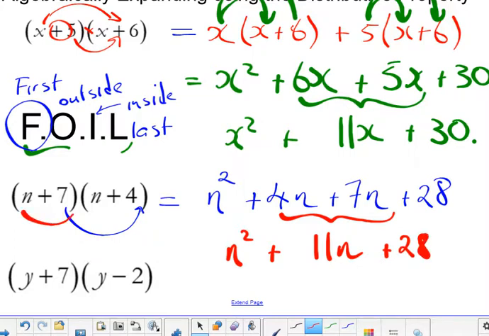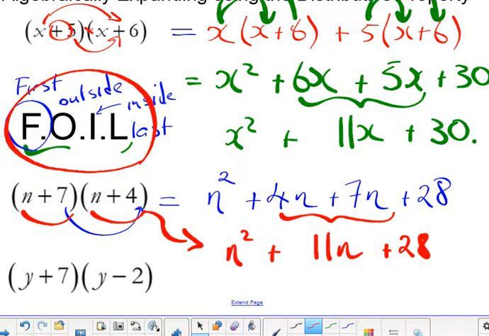We've gone through and we've written the product of these two binomials. And so the product, when it's expanded out, or we could use the word multiplied out, gives us this trinomial here. And the little algebraic method that we used here, which we're going to use in future, we refer to as FOIL: first, outside, inside, and last. All right, which is a handy little method that we can use.